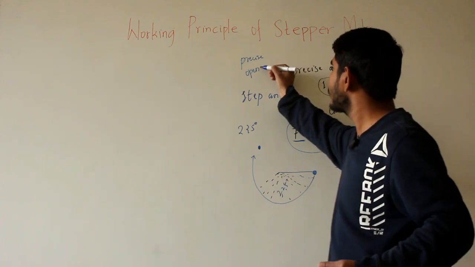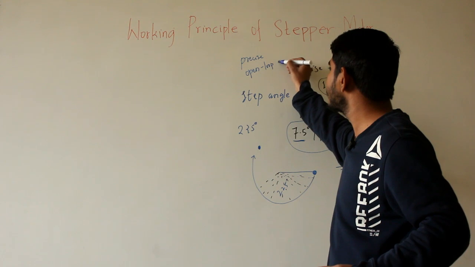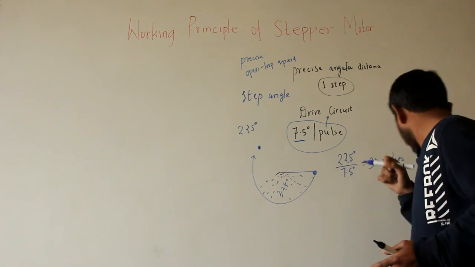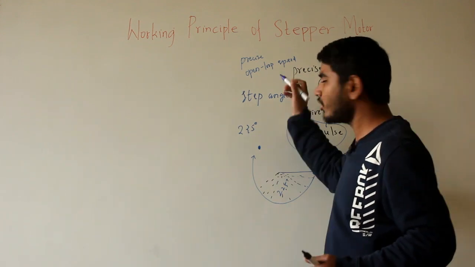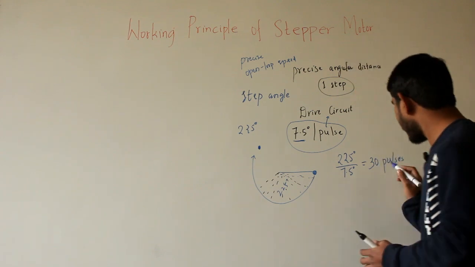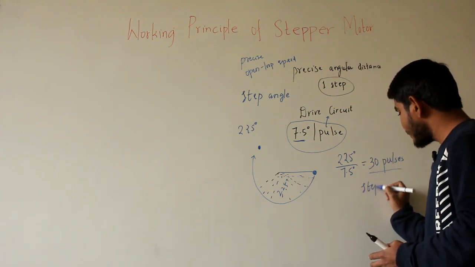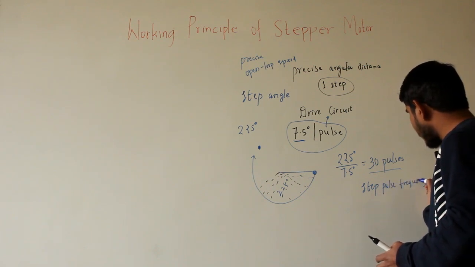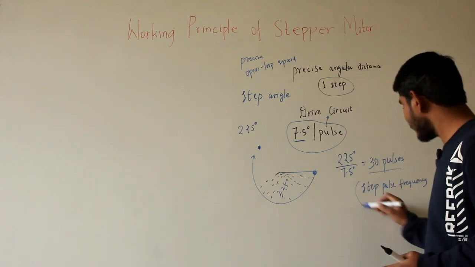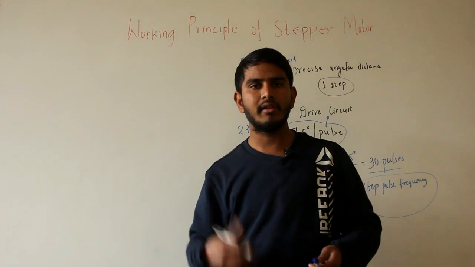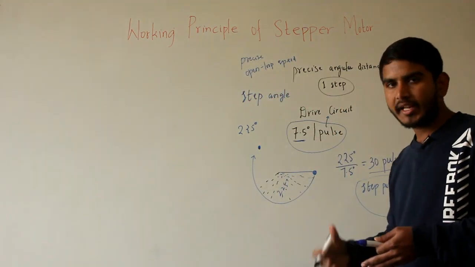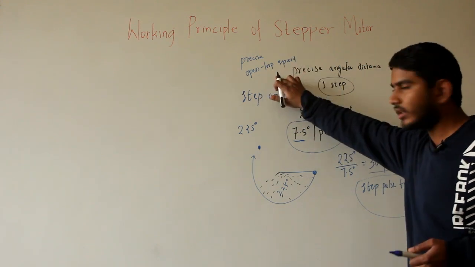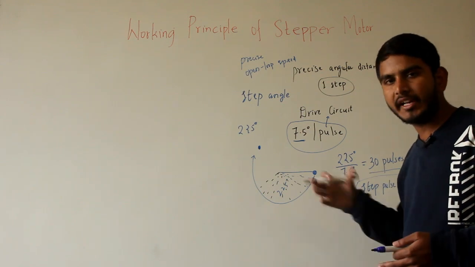The speed of the shaft depends only on the step pulse frequency, and it is independent of load. Whatever load you apply to the stepper motor, the speed has nothing to do with it, because the speed depends only on the number of step pulses you are applying to the drive circuit.